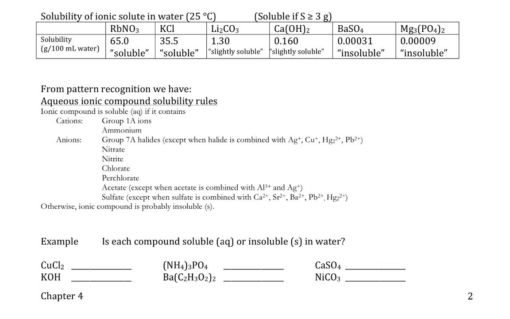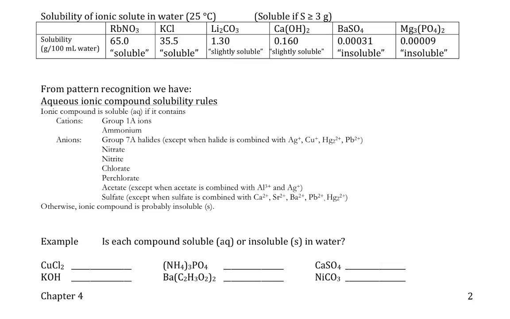If it contains nitrate, NO3-, or nitrite, NO2-, or chlorate, ClO3-, or perchlorate, ClO4-, or acetate, C2H3O2-, except when acetate is combined with Al3+ or Ag+, or if it contains sulfate, except when sulfate is combined with Ca2+, Sr2+, Ba2+, Pb2+, or Hg2 2+.